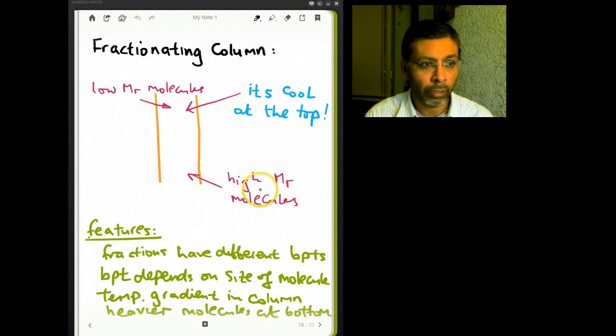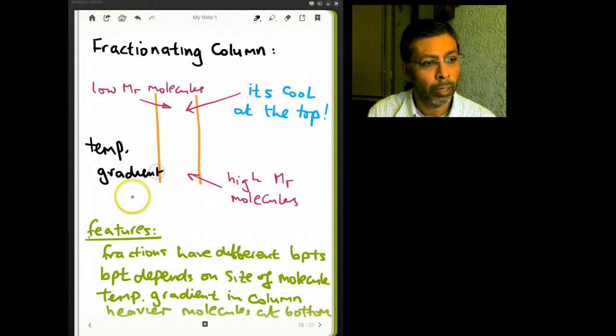So remember those two facts: cool at the top and hot at the bottom. That would be called a temperature gradient, and you need to mention that in your exam. So mention temperature gradient in the column. Mention the word column as well. Okay, remember, cool at the top.